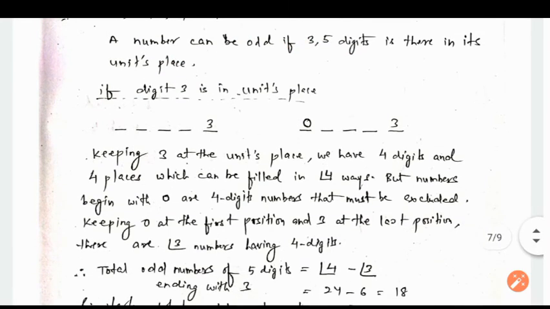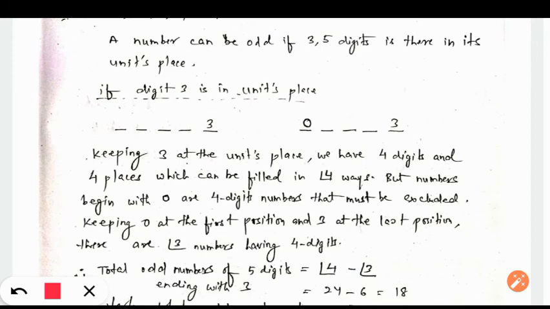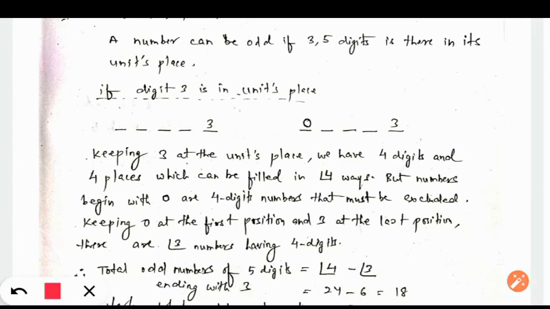Now first of all, let us suppose that digit 3 is in the unit place. Then how many numbers can be formed? See, I have drawn 5 places here, and I have kept 3 in the unit place so that the number remains odd.